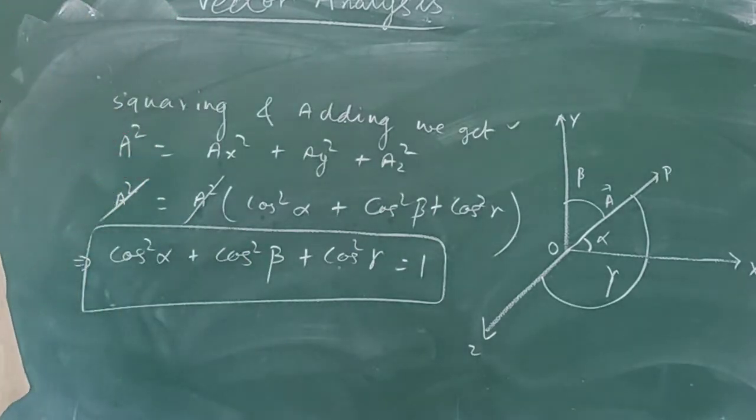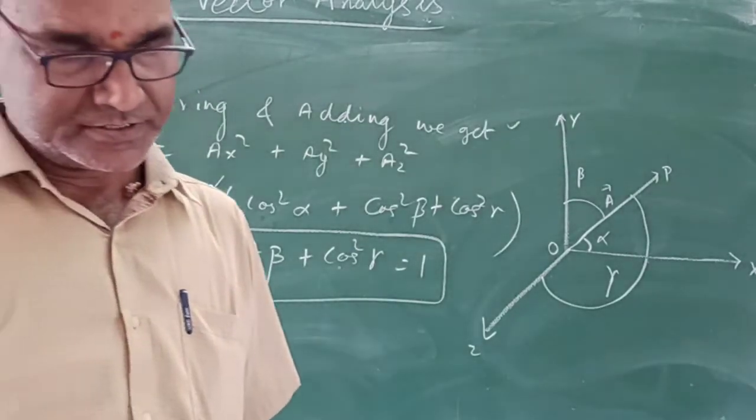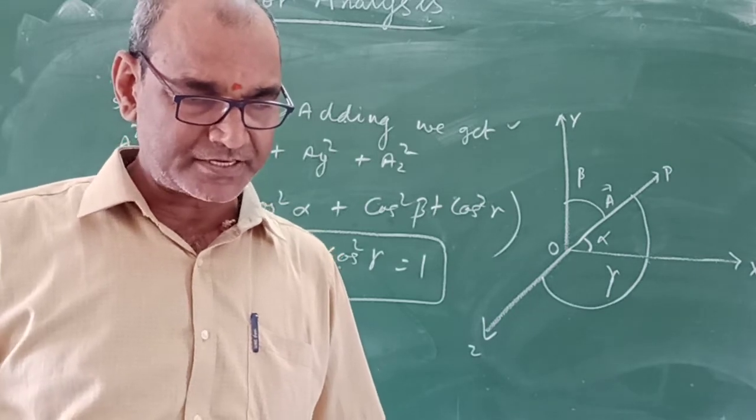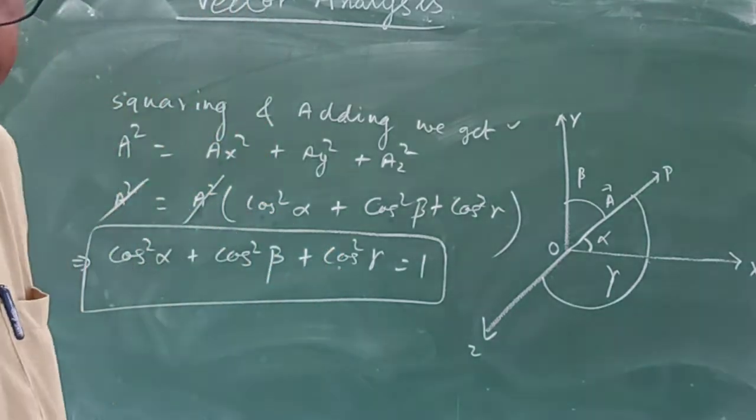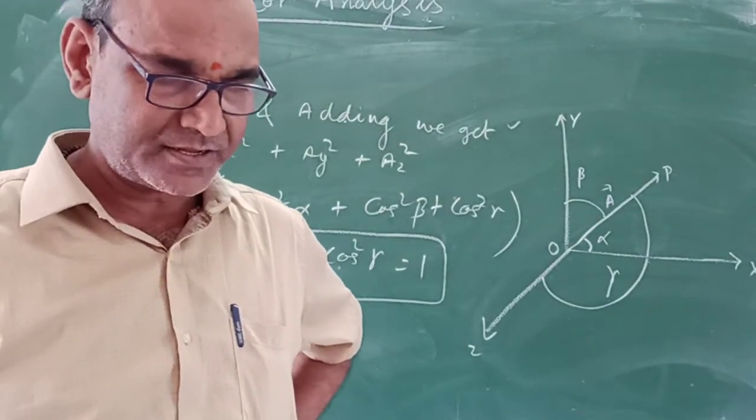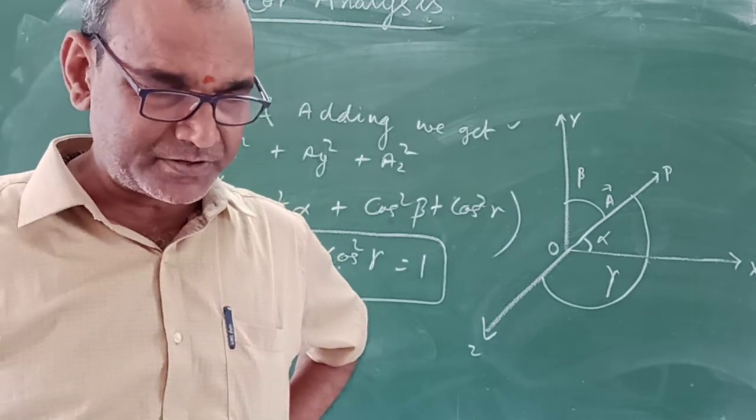Therefore, the maximum value of the cosine of an angle is equal to unity. What will you say? Unity. How much did it become? It became equal to 1, right?